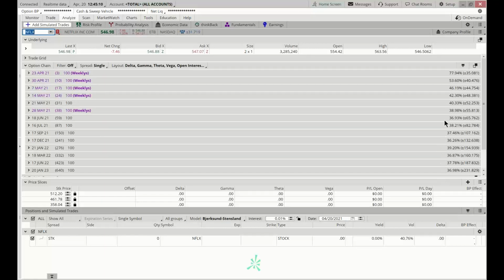It's going to crush to a point that hovers around the median range of these options that expire out 2, 3, and 4 months. That's where IV is going to go tomorrow.